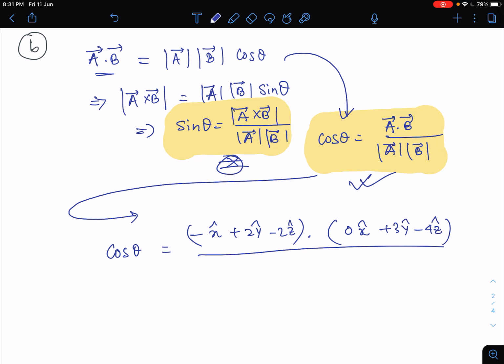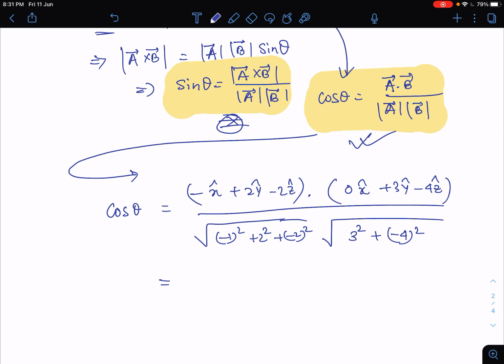And the mod of A is the square root of minus 1 squared plus 2 squared plus minus 2 squared, and the mod of B is the square root of 3 squared plus minus 4 squared. So the x term is 0, plus 6 plus 8, divided by 3 times 5.